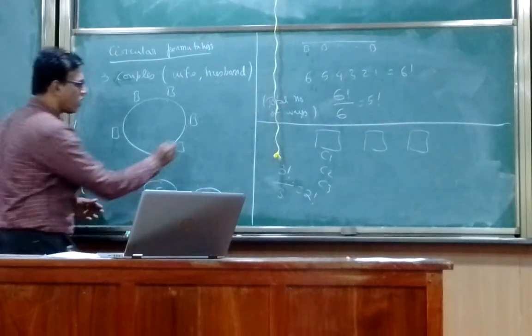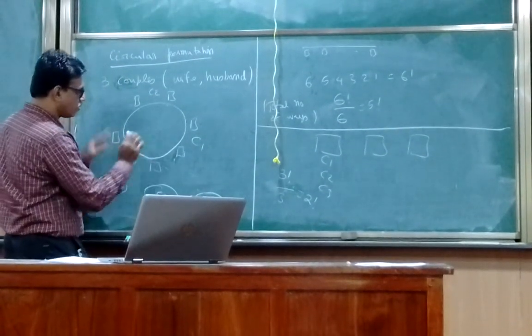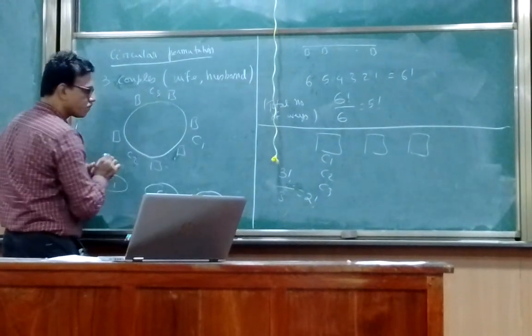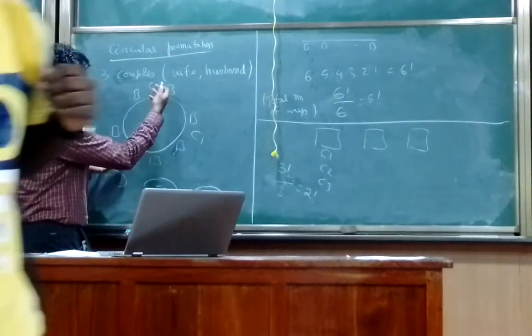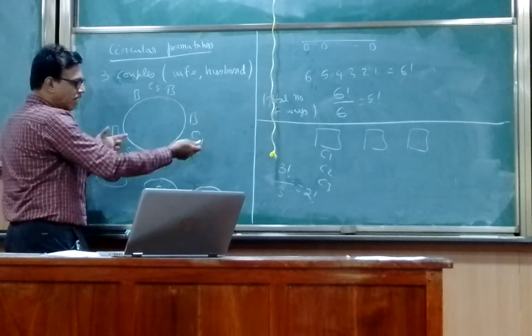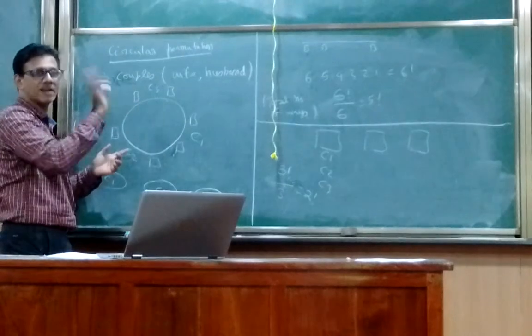What it means is we have C1 here, C2, C3. If I keep it, this is one way. The other way is C3 and C2. Both are adjacent to C1, but they can be distinguished if you look at whether it is clockwise or anti-clockwise.